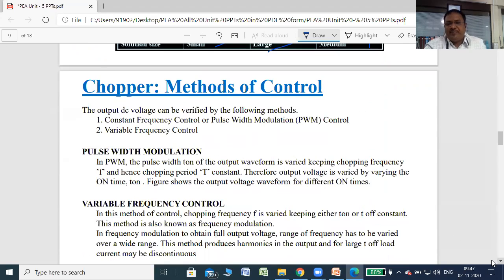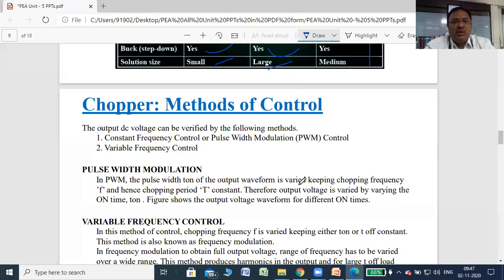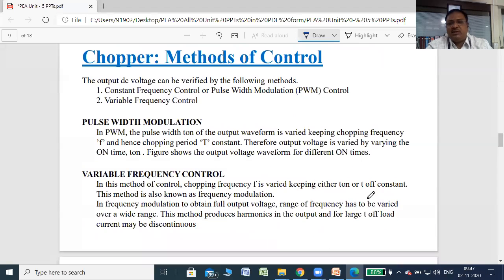Now, chopper methods of control. Again, these are nothing but the triggering techniques used to turn on and off the switches used in a chopper circuit, right? The output DC voltage can be varied by the following methods. One is called constant frequency control or pulse width modulation control. Another is variable frequency control.